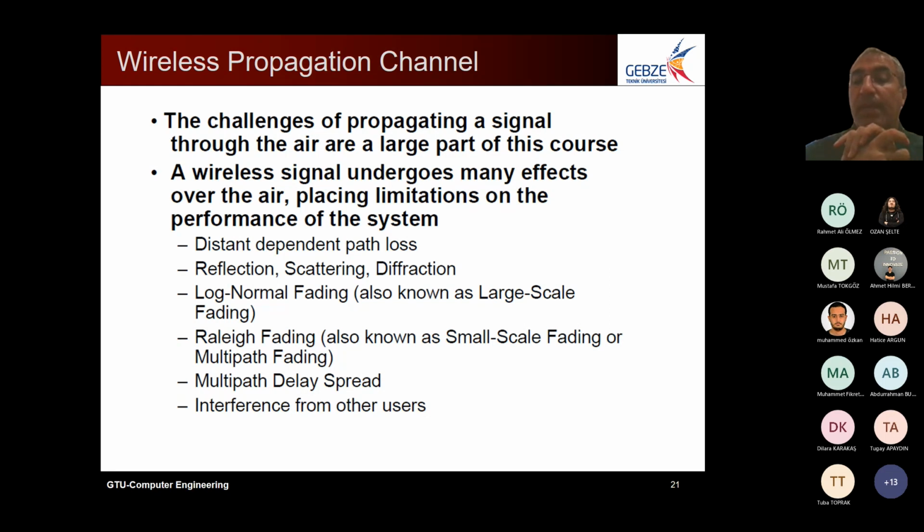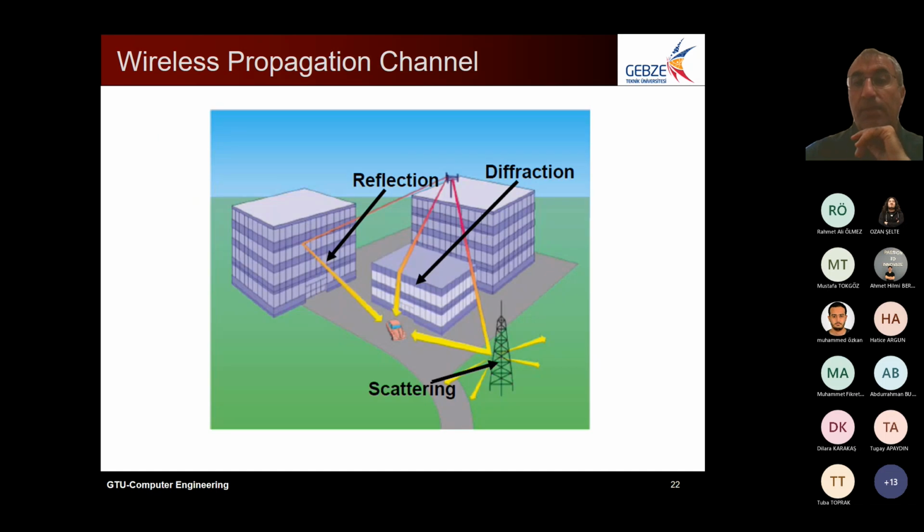Another type is called Rayleigh fading, also known as small scale fading or multi-path fading. And we have multi-path delay spread, interference from other users, and so on. So there are many different effects when your signal undergoes the channel. Let's start these effects and explain one by one.